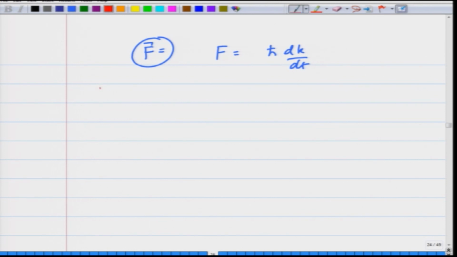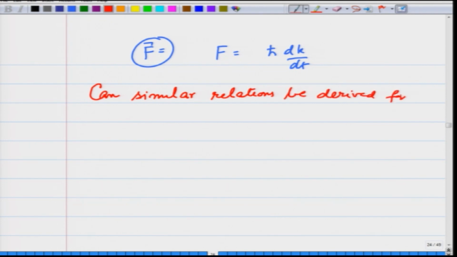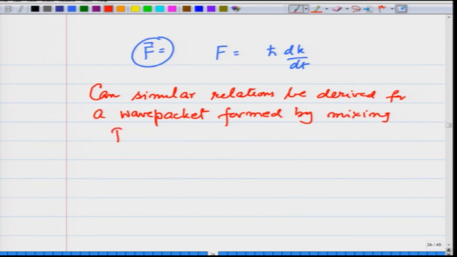The question we now ask is, can similar relations be derived for a wave packet formed by mixing Bloch waves?